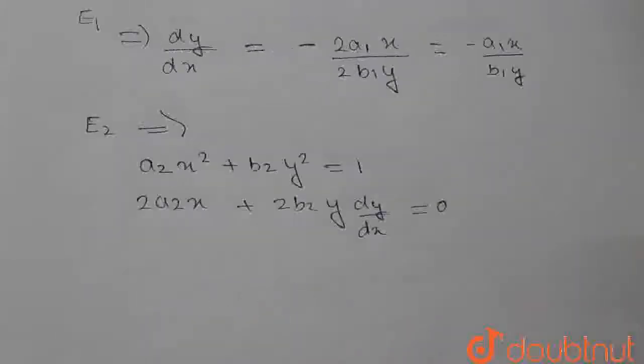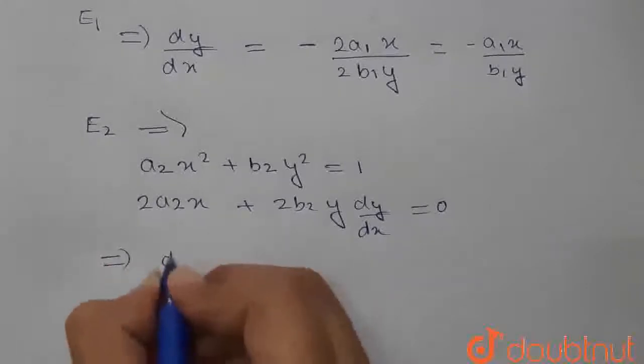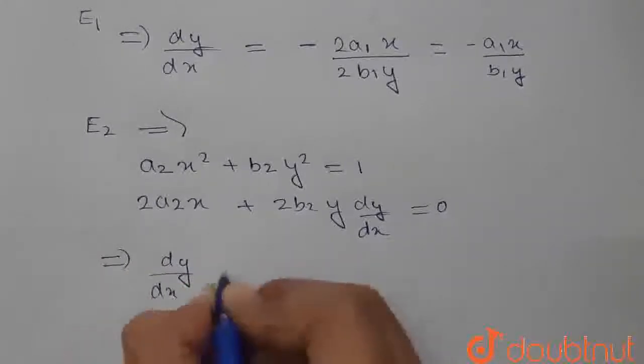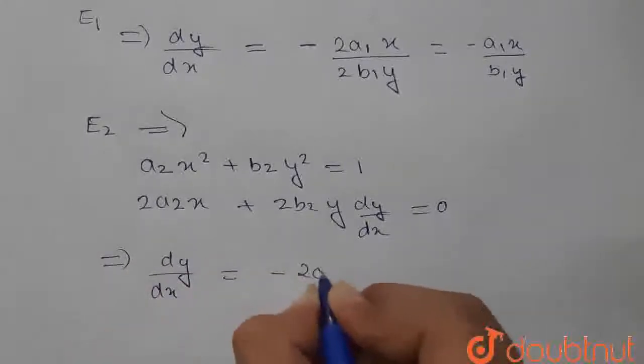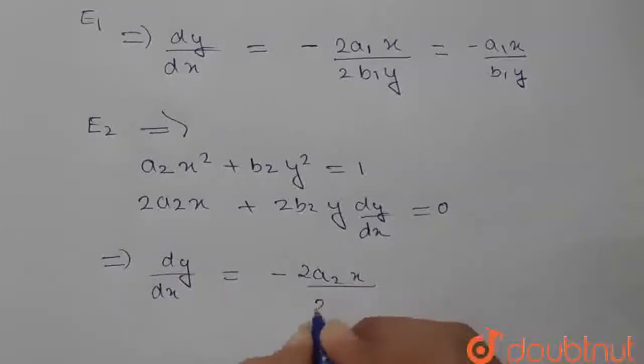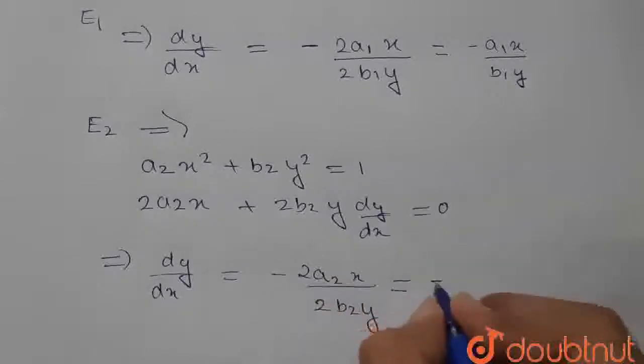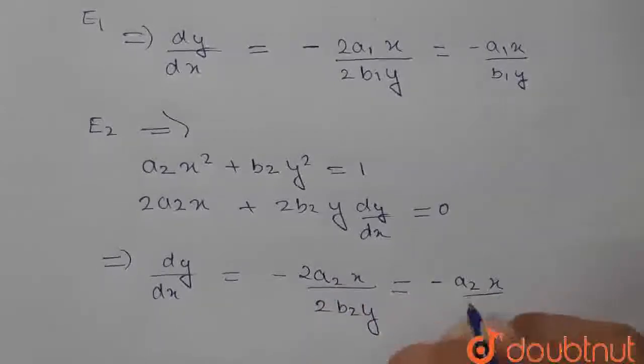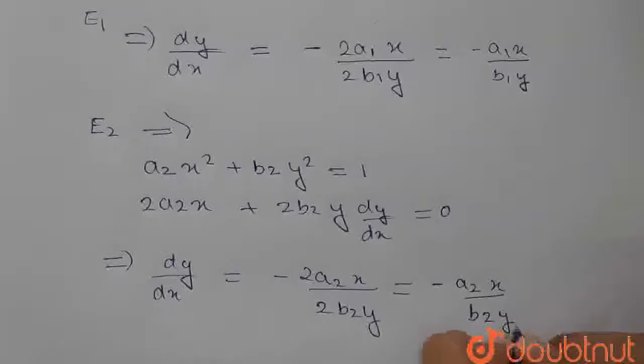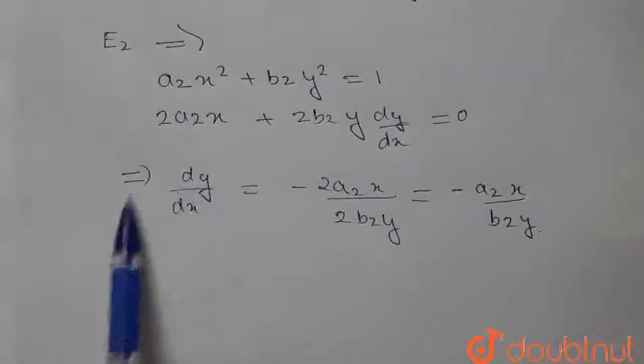Similarly, the value for dy by dx will be equal to minus twice of a2x upon twice of b2y. So 2 and 2 will get cancelled. This is coming as minus a2x upon b2y. So this is the slope of the second ellipse.